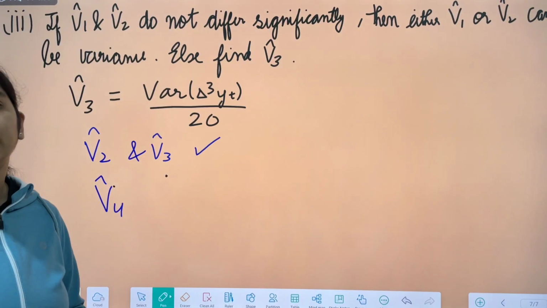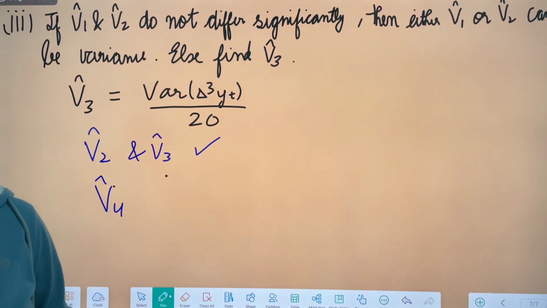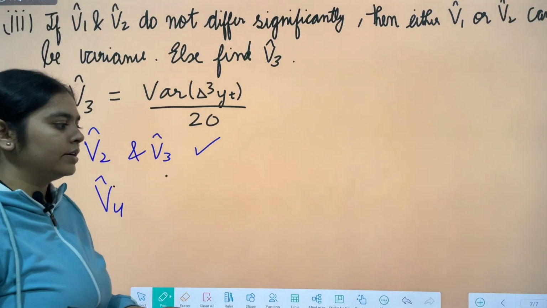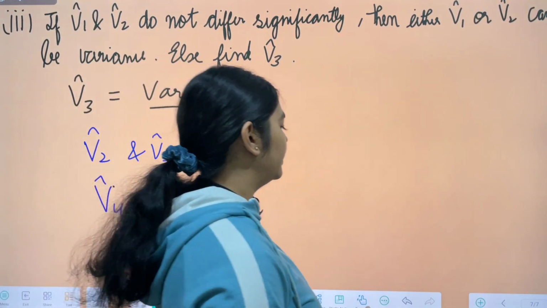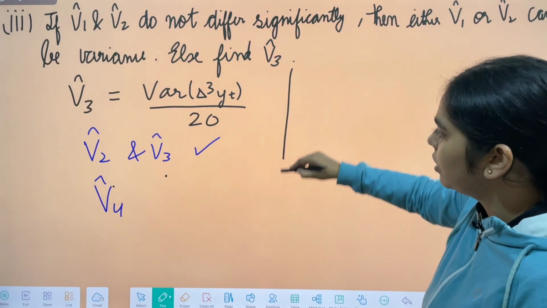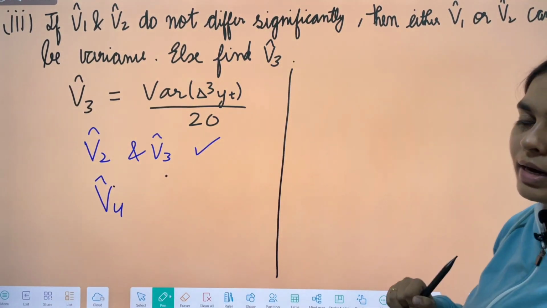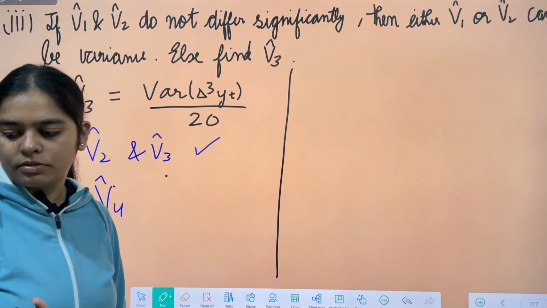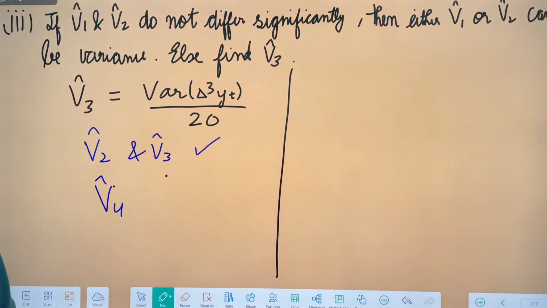And how would we check whether they differ significantly or not? For this, O. Anderson took a study under consideration, and he came up with a test statistic.